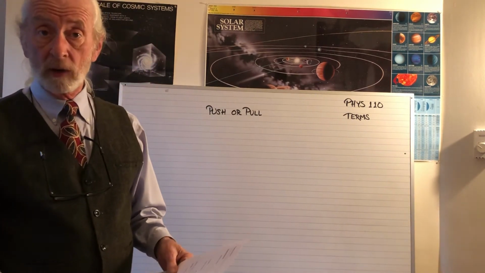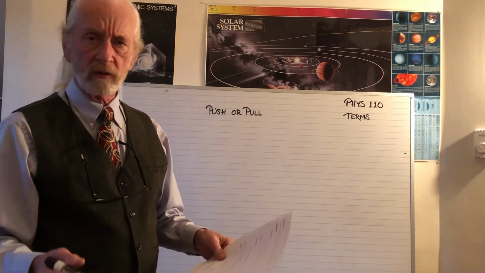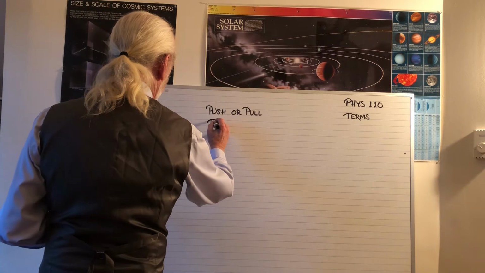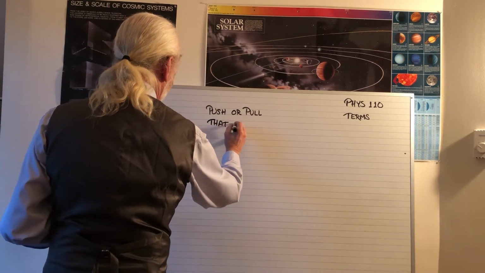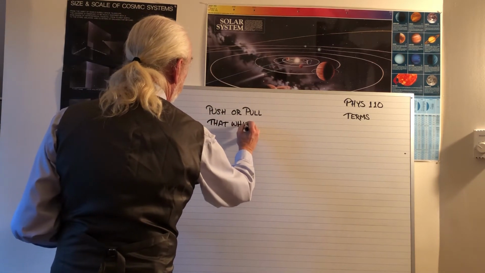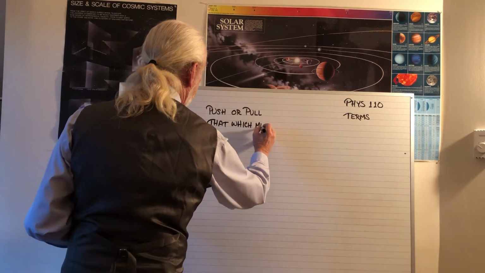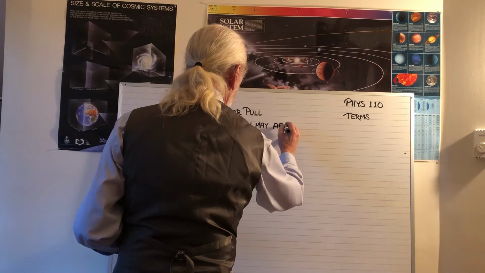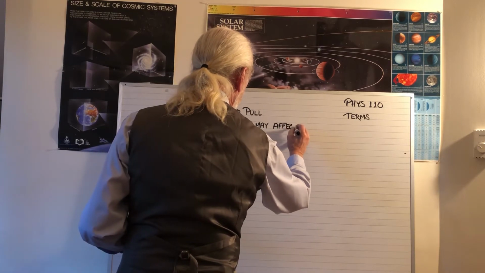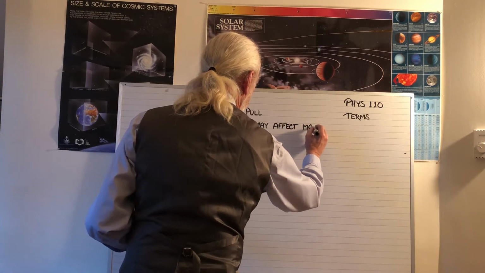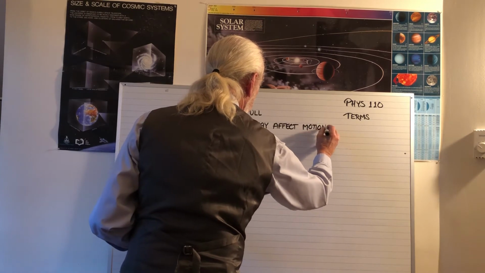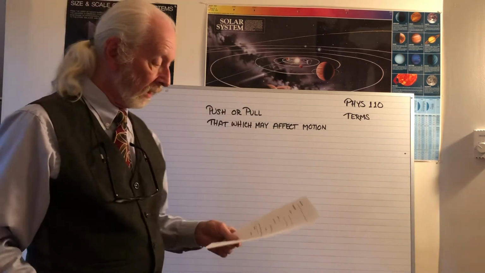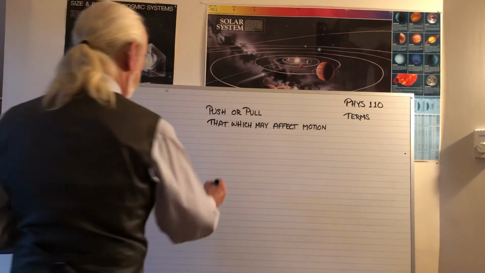And I'm going to add my own definition there just to clarify a little bit more: that which may affect motion. That's what a force is. Okay, know them both. The symbol we use is a big old capital F.